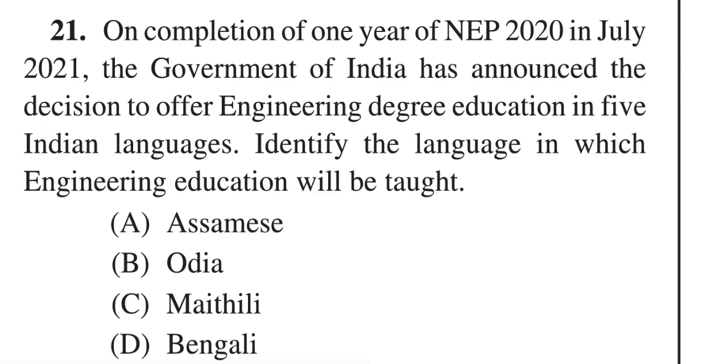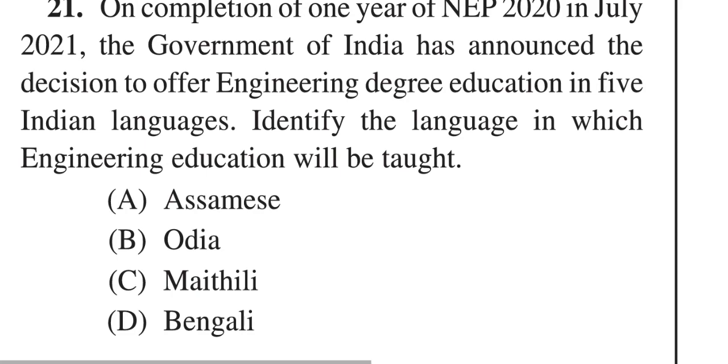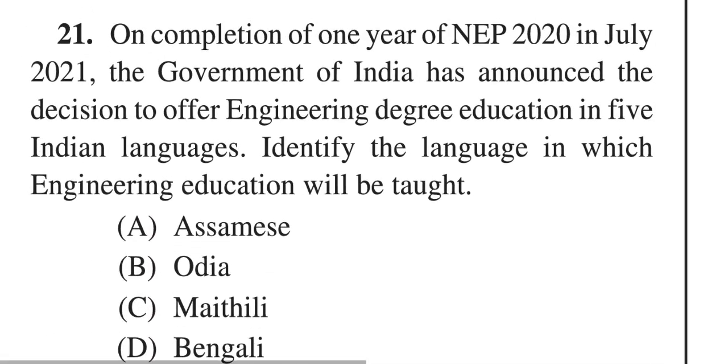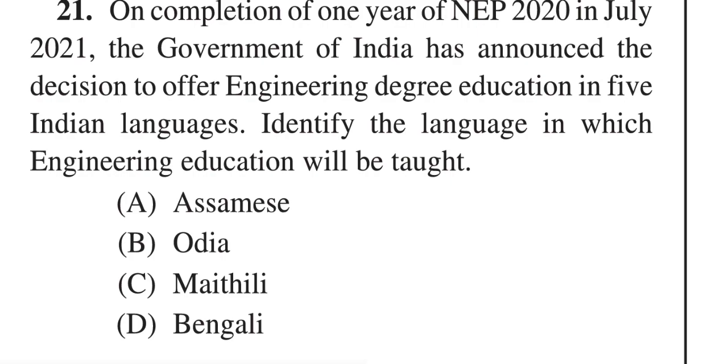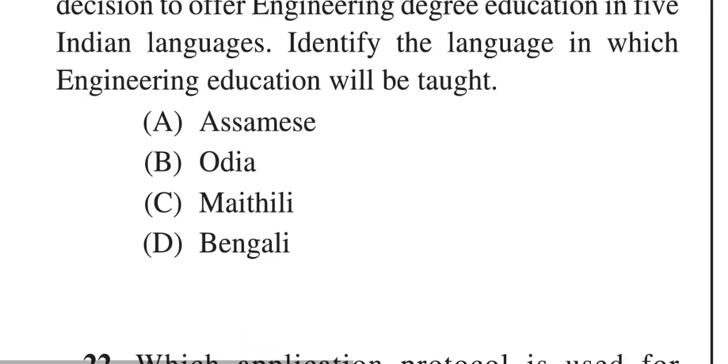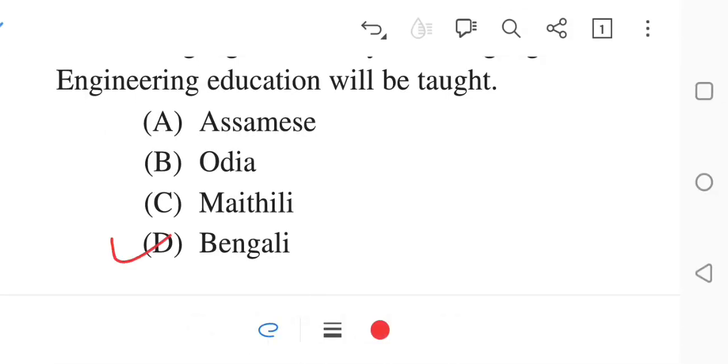Okay, like Assamese, Oriya, Maithili, Bengali. We have to find out what is the correct answer of 21. Correct answer will be D. Identify the language in which engineering education will be taught: Bengali. Got it.